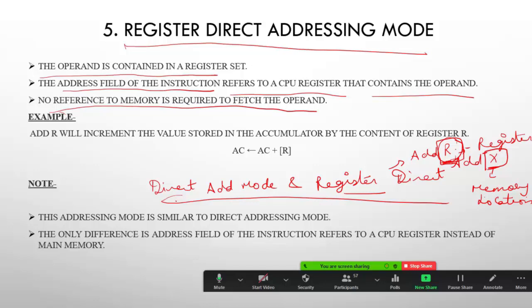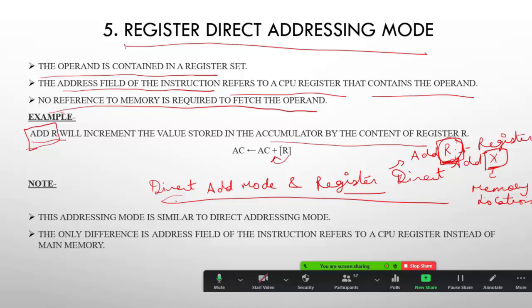That means no memory reference is required to get the value of the operand from memory, because the operand is present in the register, not in the memory. So here you can see add R. What is add R here? It is the way to represent the instruction using register direct addressing mode. It will increment the value stored in the accumulator by the content of register R. That means the content of register R will be added to the accumulator.